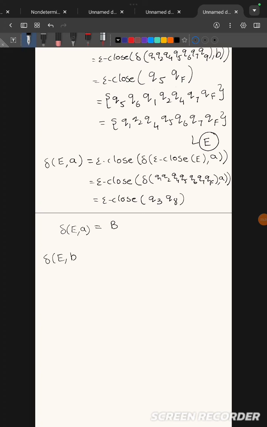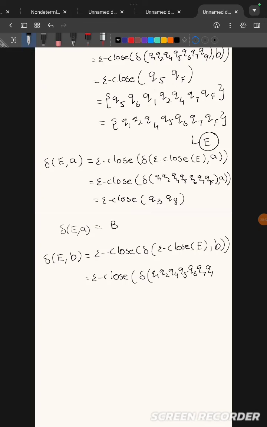Now we have to find for E comma B. Epsilon closure of E comma B. Now the epsilon closure states are Q1, Q2, Q4, Q5, Q6, Q7, Qf, comma B. Now we have to find which of the states have a transition for B. We know Q1, Q2 don't have a transition for B. Q4 has a transition; it will go to Q5.